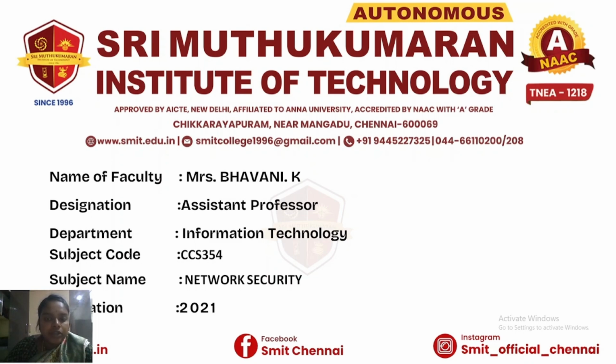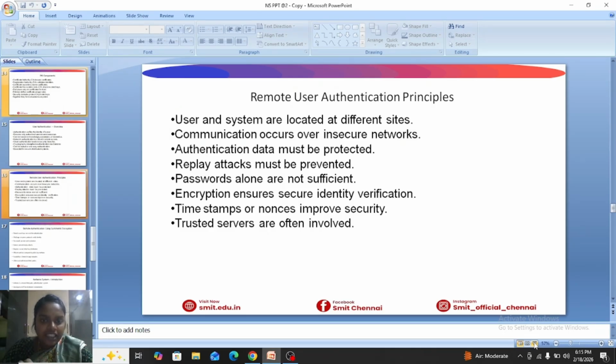We are going to see about remote user authentication principles. Nothing but user and systems are located at different sites. Communication occurs over insecure networks. Authentication data must be protected. Replay attacks must be prevented. Passwords alone are not sufficient.